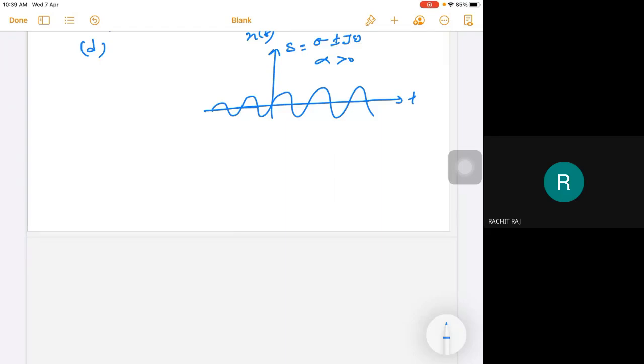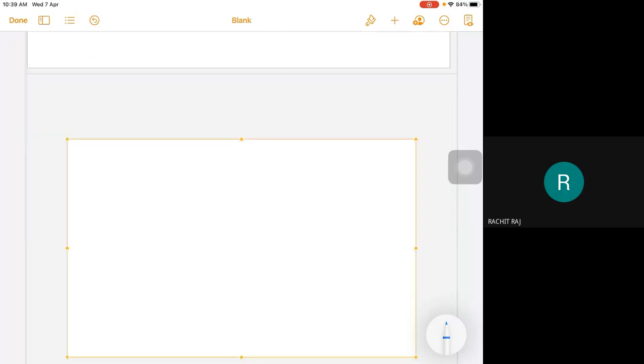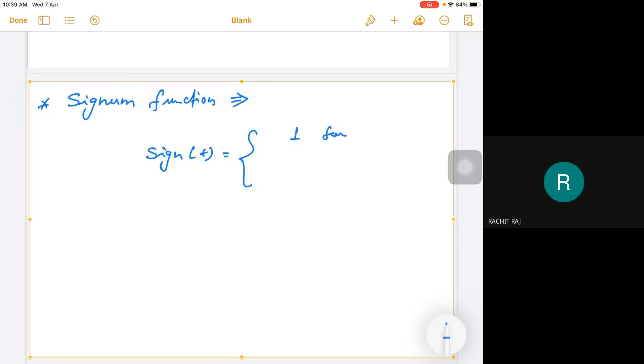I'm just writing the function and the graph. Okay. Next one is the signum function, or you can say signum signal. This is represented by sgn(t), and it is 1 when t is greater than 0, and minus 1 for t less than 0.